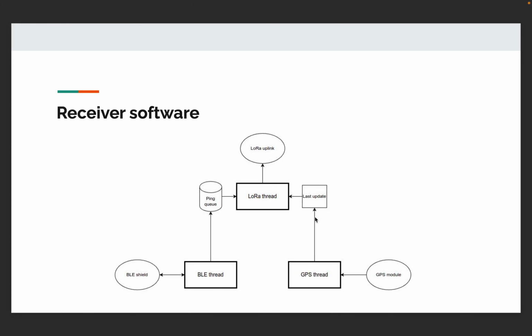Instead, the GPS thread exposes an object state in order to aggregate data, so that the LoRa thread can send all our receiver stuff to the Amazon AWS server.